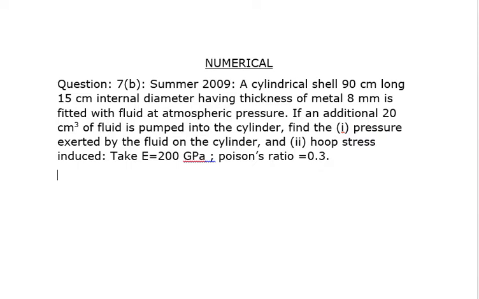If an additional 20 centimeter cube of fluid is pumped into the cylinder, find the pressure exerted by the fluid on the cylinder and hoop stress induced. Take E equal to 200 gigapascal and Poisson's ratio 0.3.